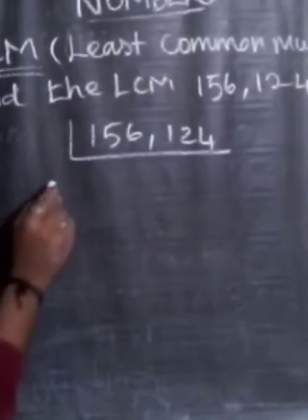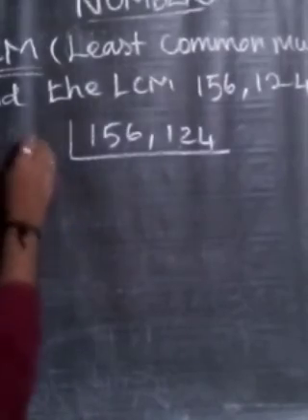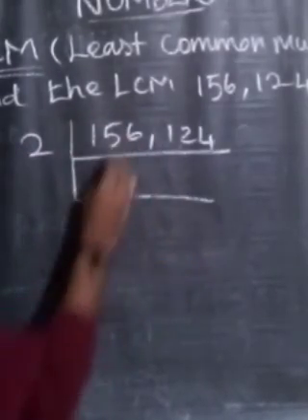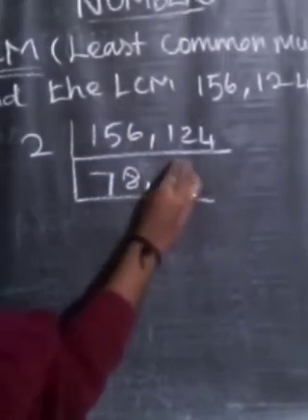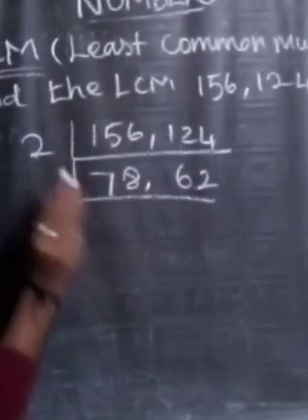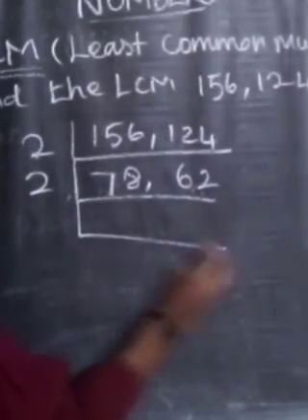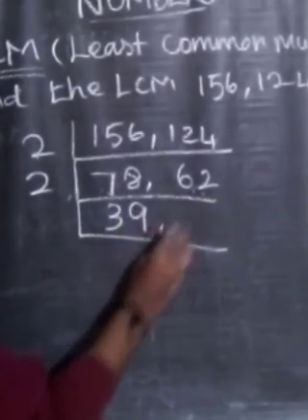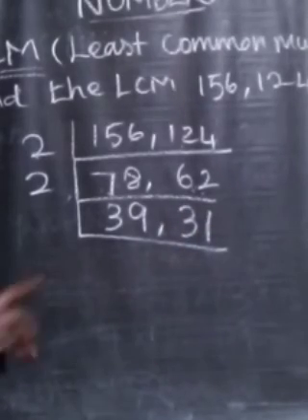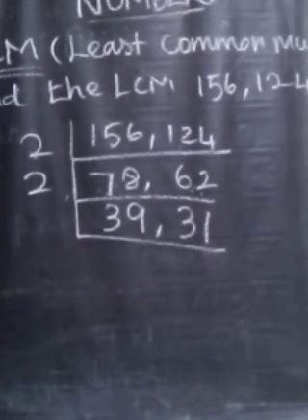Now we have to find the prime factors of 156 and 124. Here we are using the division method. 156 and 124 are also even numbers. So divide by 2 we get 78, 62. 78 twos are 156, 62 twos are 124. Which is also divisible by 2. So we get 39, 31. Here 31 is a prime number, but 39 is a composite number.